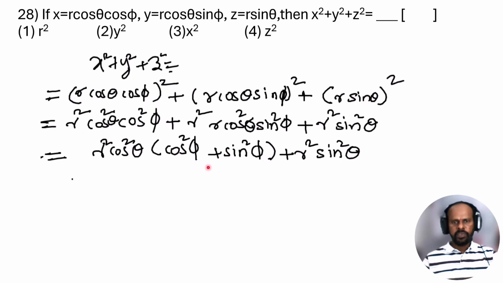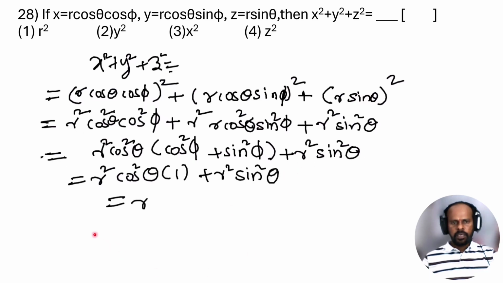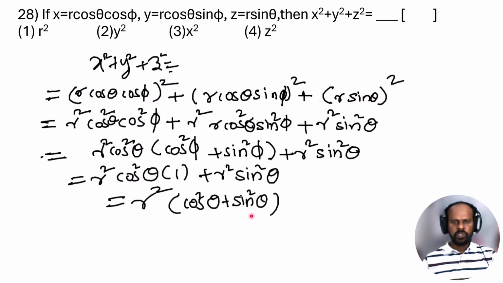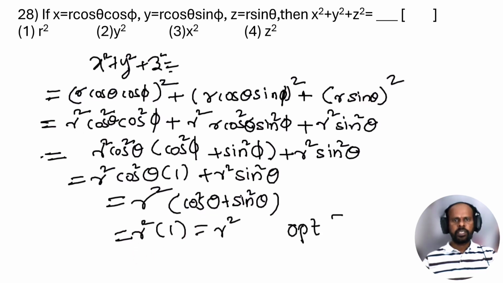We can write it in the form of r square cos square theta into 1 plus r square sin square theta. And now if you take r square common, here cos square theta into 1 is cos square theta, and plus sin square theta is left. So sin square theta plus cos square theta is 1. 1 into r square is r square, the answer, option 1.